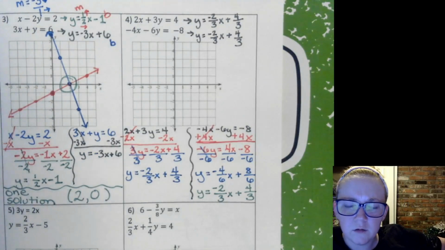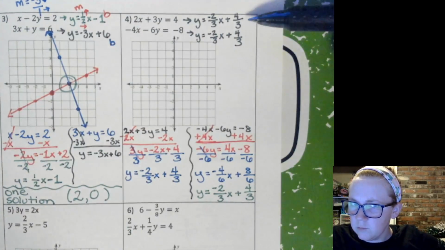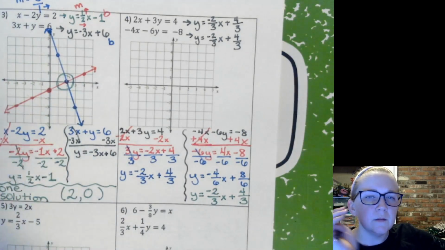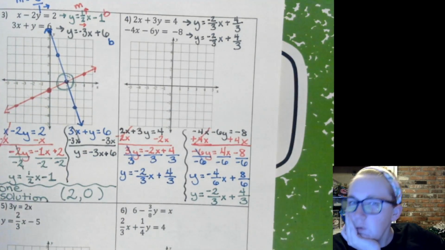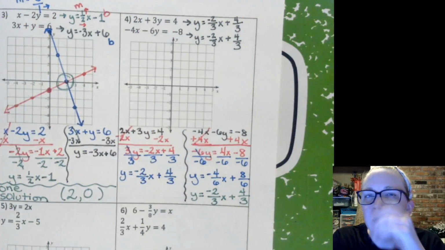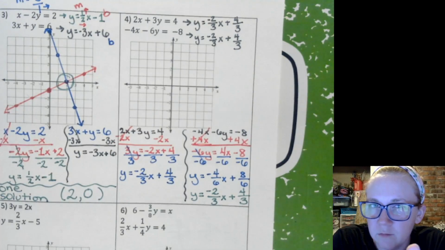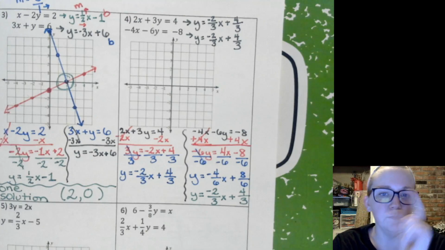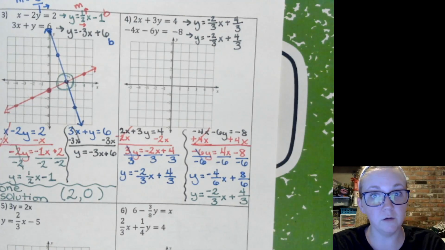Y'all see that? Those are the same, right? It's the same thing. So if those are the exact same equation, am I gonna get 2 different lines here? Hopefully you said no.